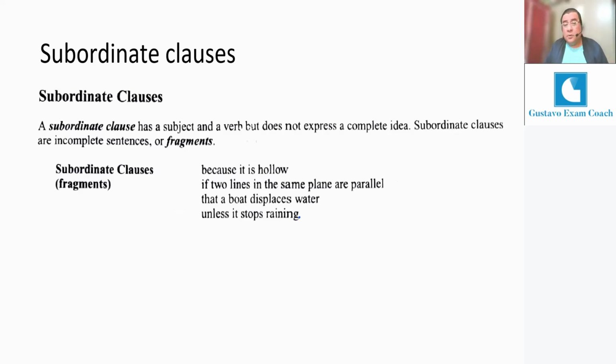We've said that a subordinate clause has a subject and a verb, but does not express a complete idea, right? They are fragments, they are incomplete sentences, so to speak. Examples: when you say, "because it's hollow," okay, you're giving a reason for something else, right? So we could complete this idea only if we add another clause.